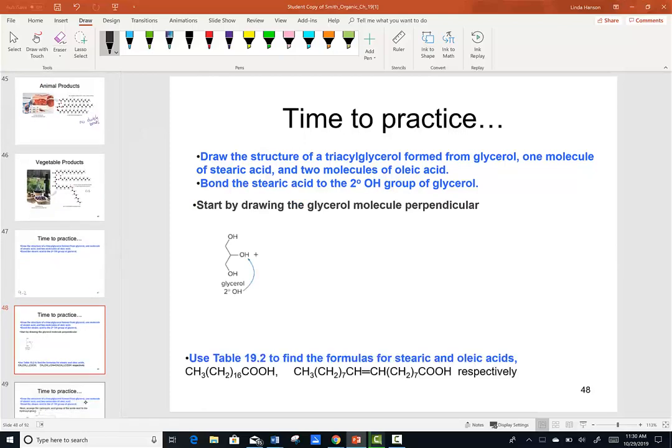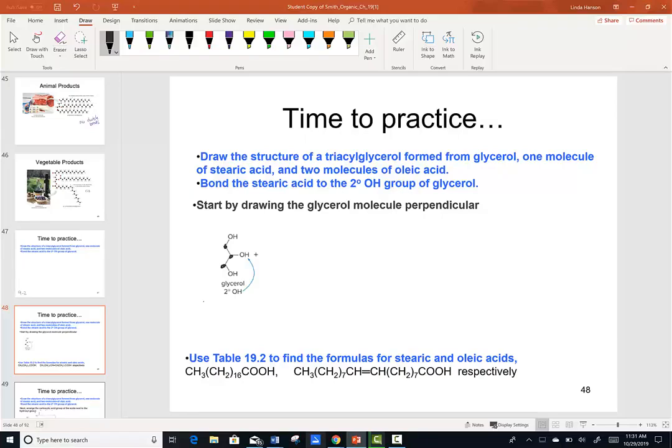Okay, so you're back. Let's talk through our strategy. The first step I want you to do on your paper is start by drawing the glycerol backbone and draw it perpendicular, up and down on your page. It is a 3-carbon structure, and the OH hydroxyl group comes off of each of those 3 carbons.